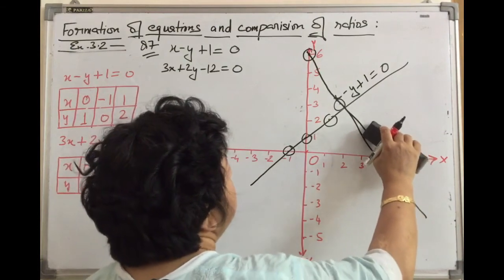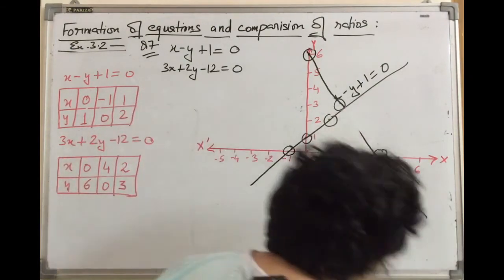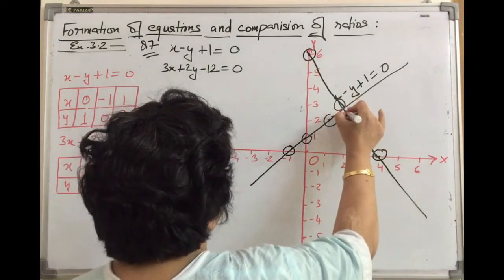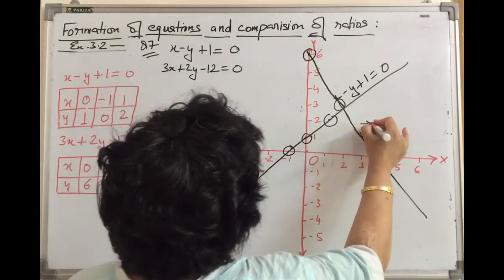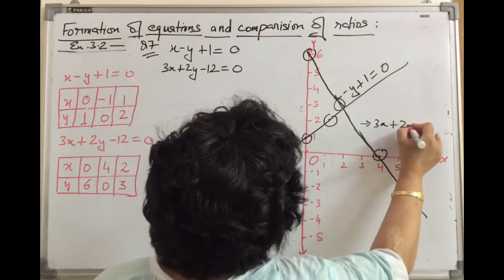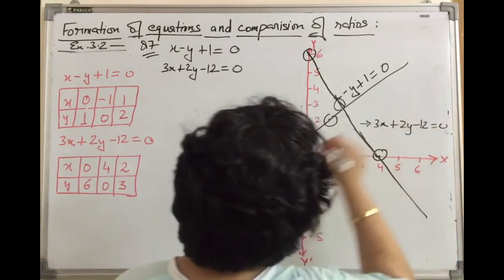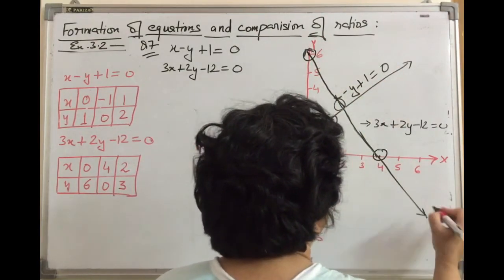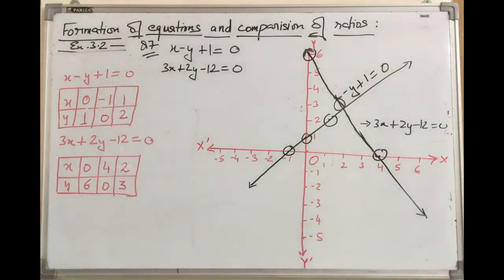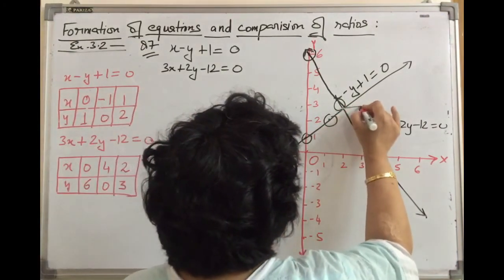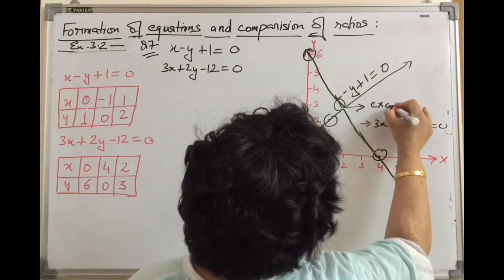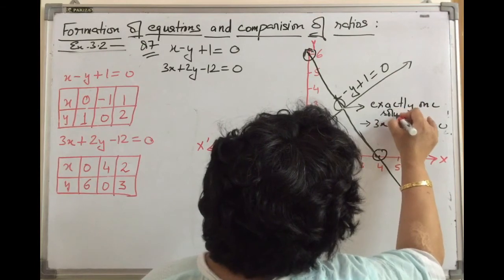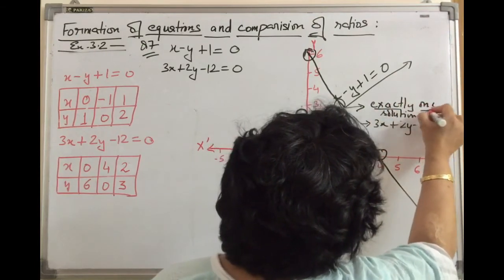So we have obtained 2 lines. Now this line represents the graph of 3x plus 2y minus 12 equal to 0. Okay, this is your exactly one solution, or a unique solution, which we obtain.